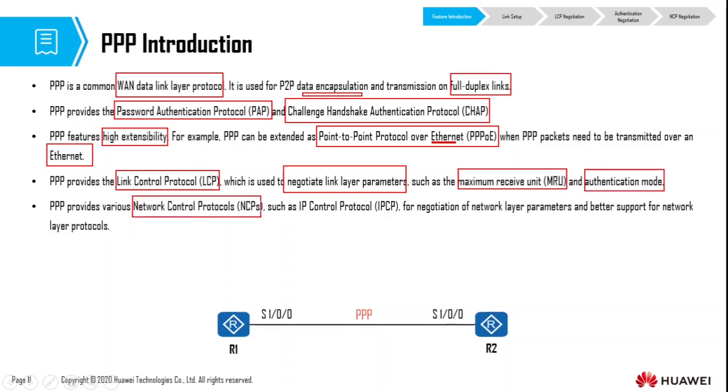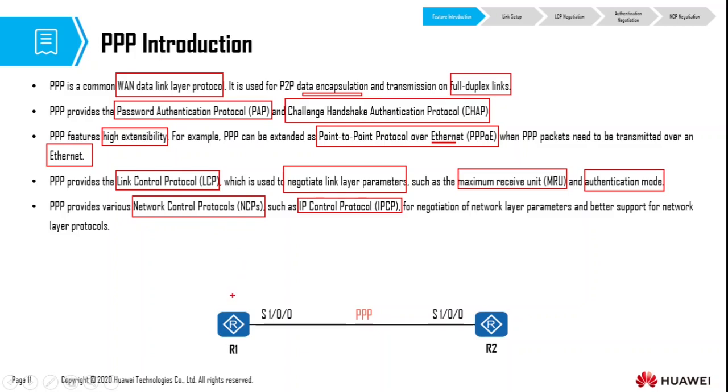The other protocol it provides is NCP, or Network Control Protocol. LCP is used to negotiate link layer, that means data link layer parameters, while NCP is used to negotiate layer 3 parameters, the network layer parameters. It uses a protocol called IPCP, IP Control Protocol, for negotiation of network layer parameters and better support for network layer protocols. So NCP is simply used to acquire an IP address, as we are going to see.